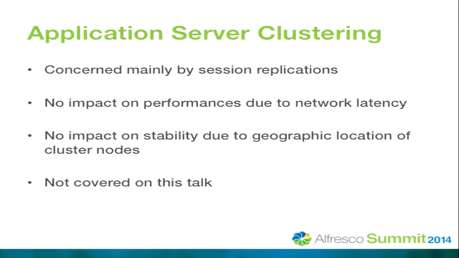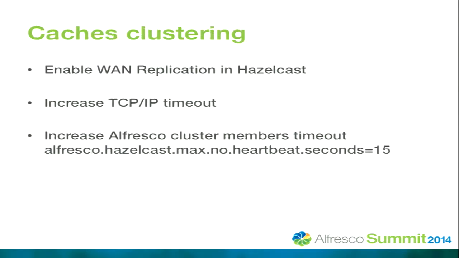So it's not interesting. The cache, in fact, is very important, because if the caches are not in sync between 2 cluster nodes, for example 2 active Alfrescos, we won't be able to see any changes from one Share in the other one, and we'll have a split brain scenario between both instances.